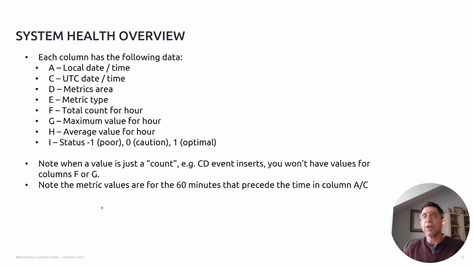And know that the metric values are for the 60 minutes that precede the time in either column A or C, because remember, we're accumulating all this data for an hour, and then we'll clear what you see on the console and start the averages again, but we're persisting it in the database and in the CSV files.